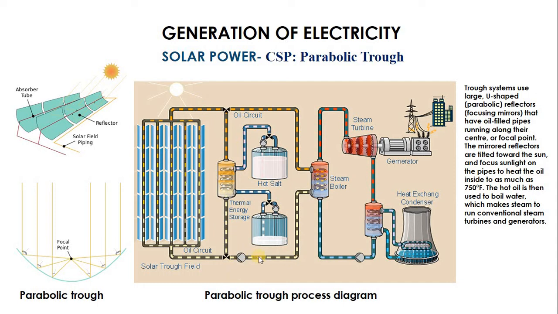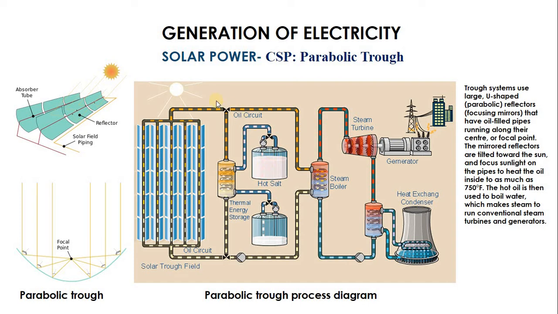So now the circulation will be only from here to here. During the day, you remember a part of the hot oil goes to help produce the electricity, and a part is also sent here to heat up the salt, and the hot salt is kept in this upper tank.